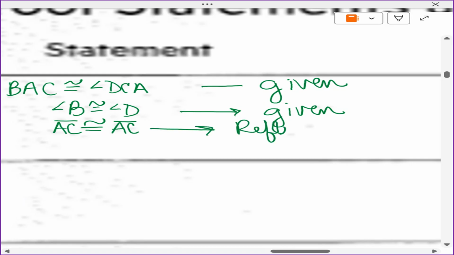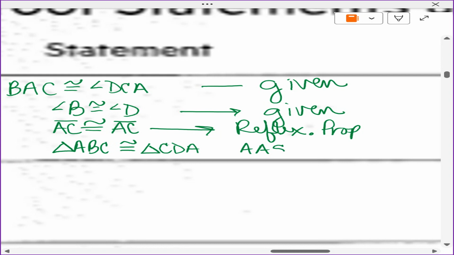Reflexive. And I just abbreviate it, reflex prop. And then the last thing we said, triangle ABC is congruent to triangle CDA by angle, angle, side. Okay.